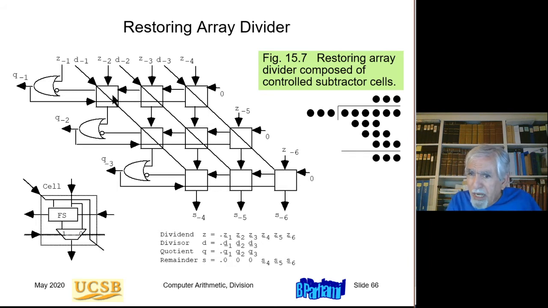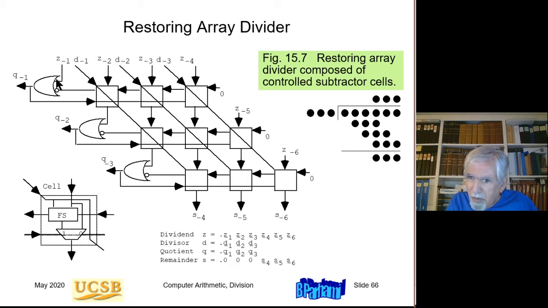Now, if this subtraction result is positive, then the quotient digit will be selected to be 1. If it's negative, the quotient digit will be selected to be 0. Okay? So the quotient digit is 1 if this z minus 1 is 1, in other words, this 4-bit number begins with 1, therefore the result is guaranteed to be positive. Because I have a 4-bit number that starts with 1, and I'm subtracting a 3-bit number from it, the result is positive.